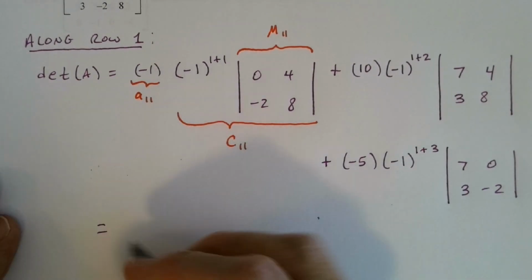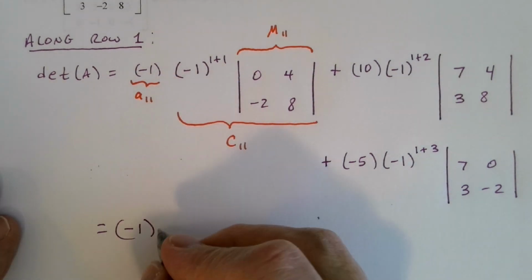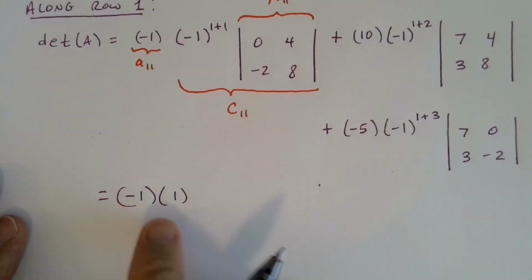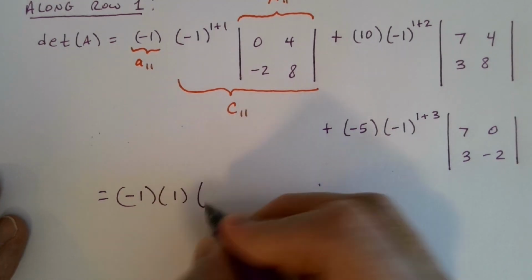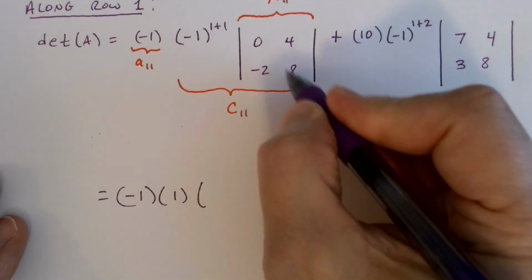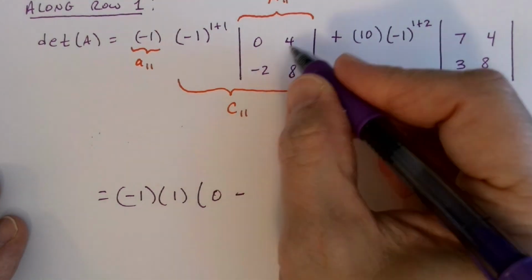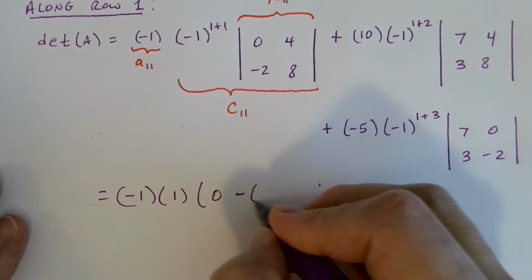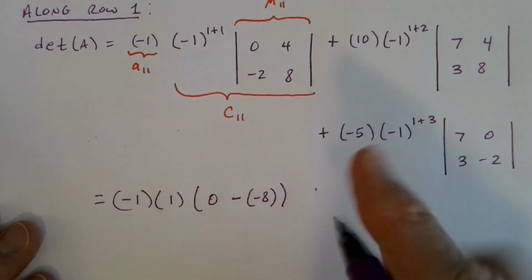I get negative 1, and negative 1 squared is positive 1. I'll just put the positive 1 here. We know it's not going to affect anything, but just to remember that's where it's coming from. Times this, which is what? AD, 0 times 8 is 0, minus BC. Be careful here. Minus what? 4 times negative 2, minus a negative 8. That's the first calculation.